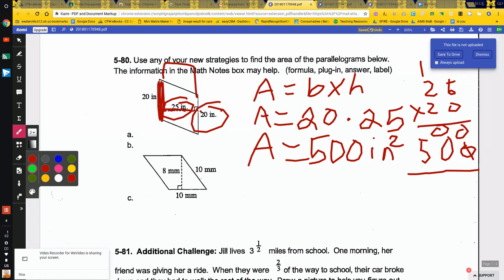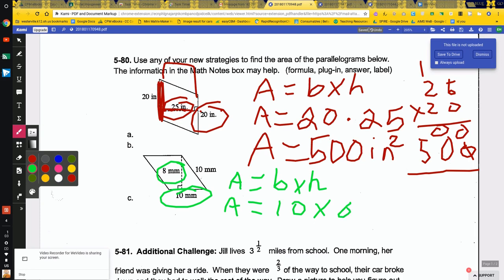Moving on to shape B. Again, we have to give the formula. Area equals base times height. We plug in the area formula. The base is 10. It's on the bottom. The height is 8. So we have 10 times 8.